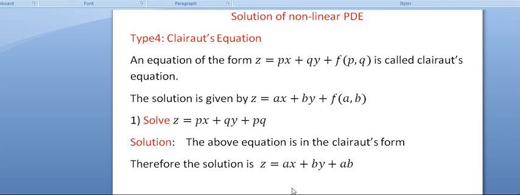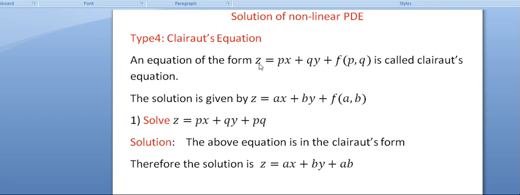In this video, I am going to explain to you how to solve a nonlinear partial differential equation of the Clairaut's form, both manually as well as through Maxima program. Any equation of the form z is equal to px plus qy plus a function of pq is called a Clairaut's equation.